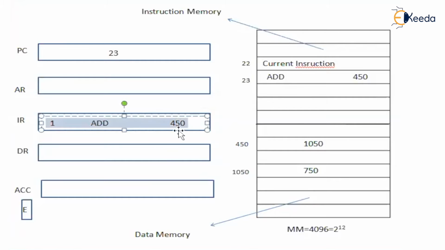You have seen our instruction, right? Our good old friends are the program counter, address register, instruction register, data register, and accumulator. These are the registers in our single accumulator organization in the system we are designing right now. Let us only look at this instruction register.